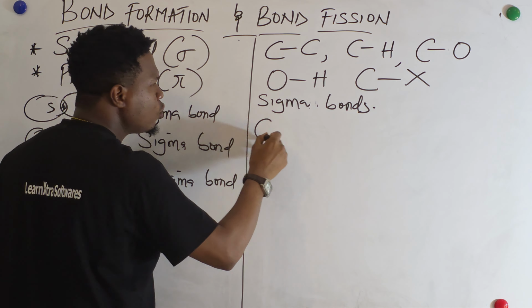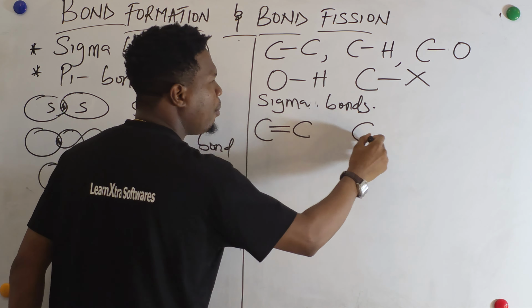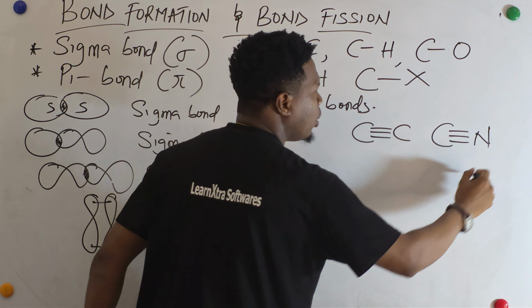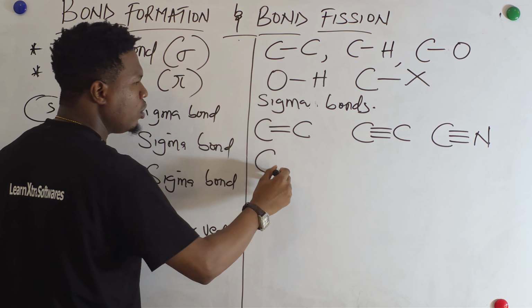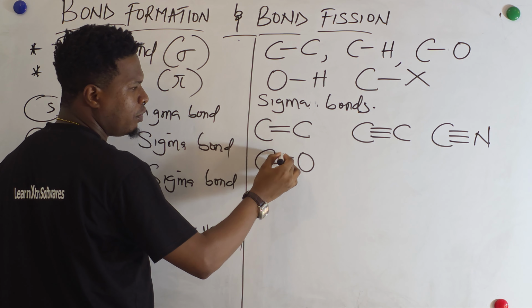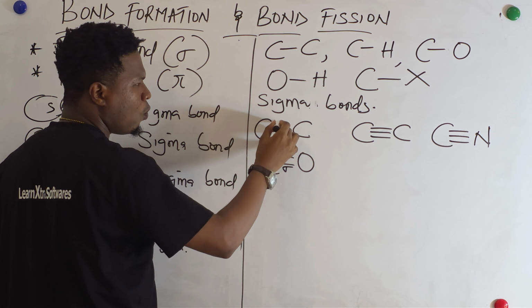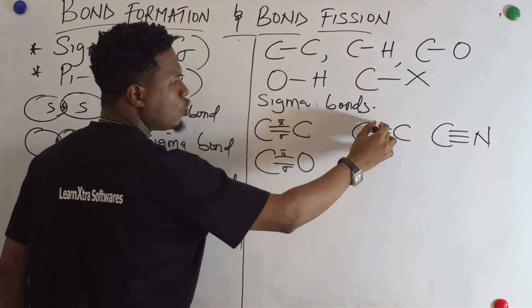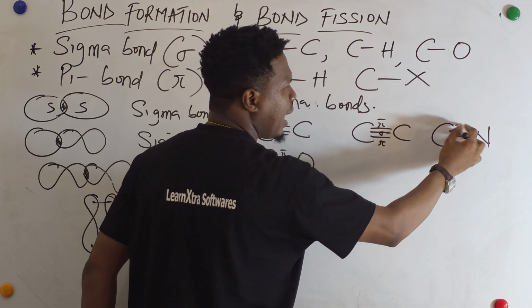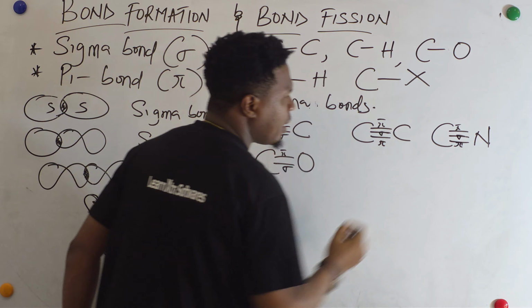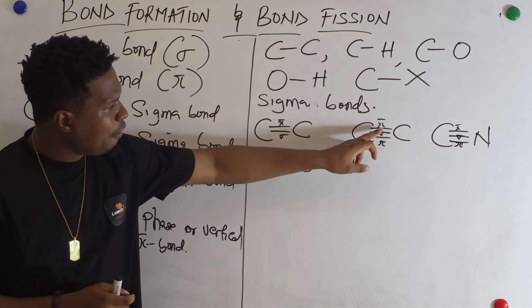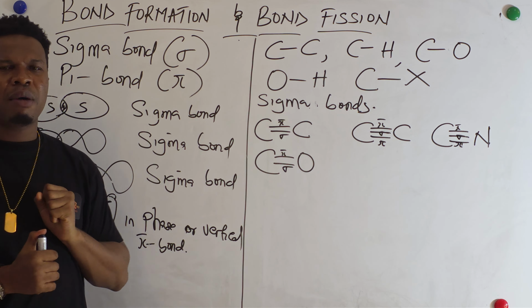While carbon to carbon double bond, carbon to carbon triple bond, carbon to nitrogen triple bond, carbon to oxygen double bond: out of these bonds, in a double bond one is pi, one is sigma. In a triple bond, two are pi and the one here is sigma. So in every double bond, I have one sigma and one pi. In every triple bond, I have two pi and one sigma.